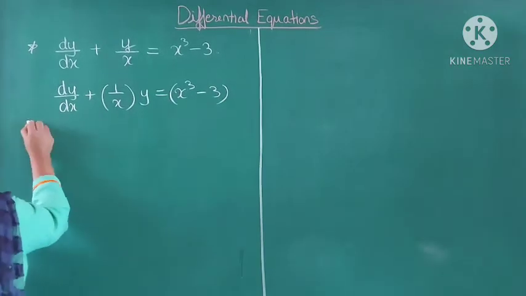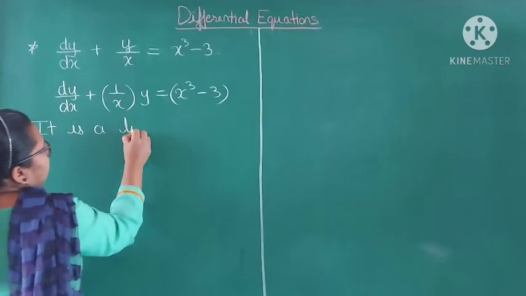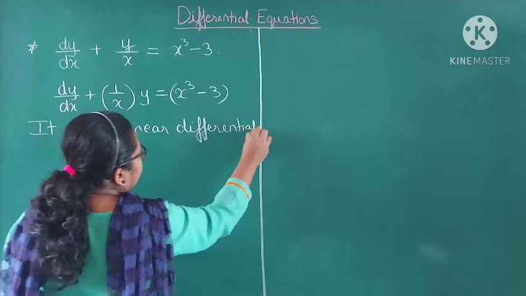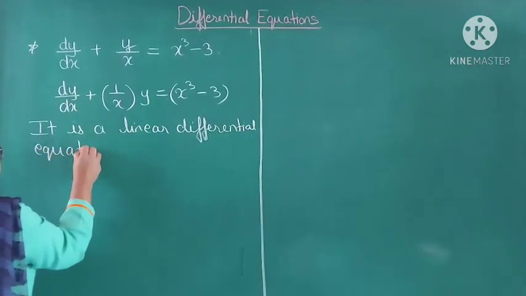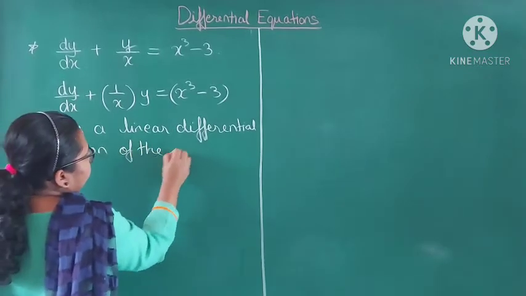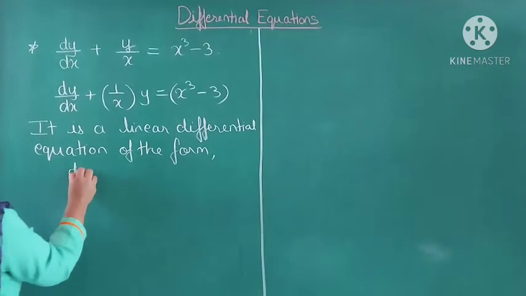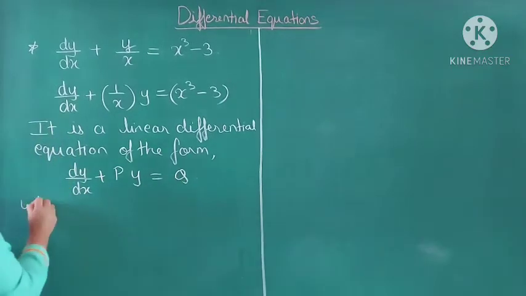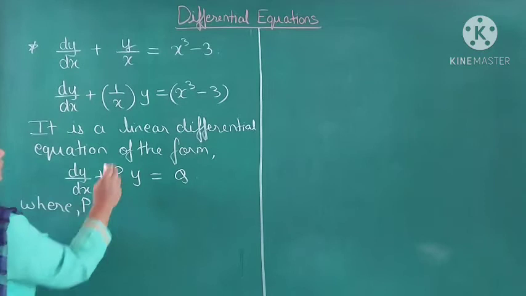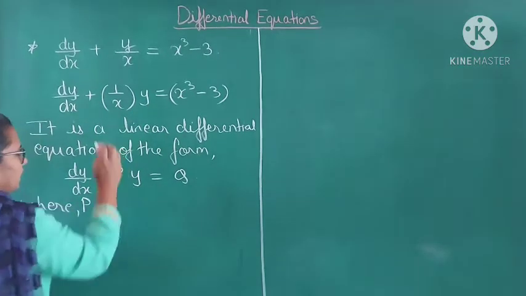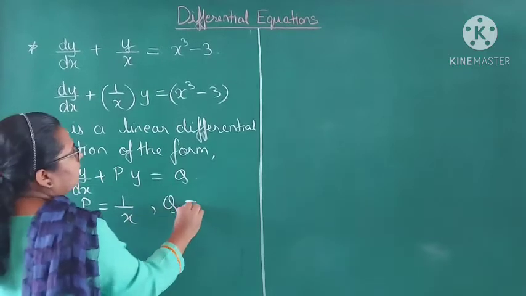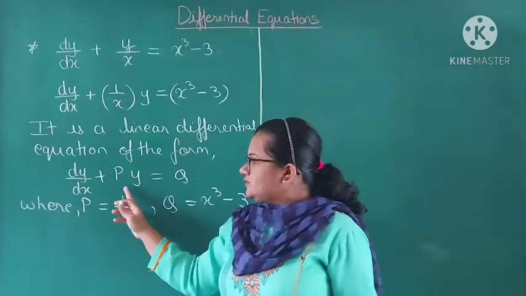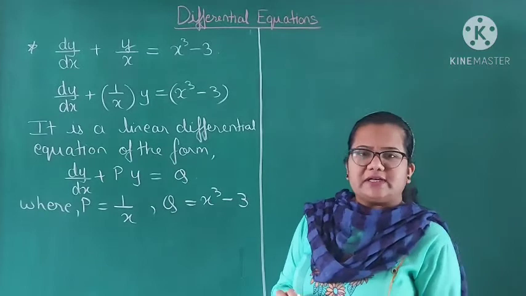What you can observe here is that it is a linear differential equation of the form dy upon dx plus p into y is equal to q, where, if you compare these two equations, p equal to 1 upon x, and q equal to your RHS, that is x cube minus 3.